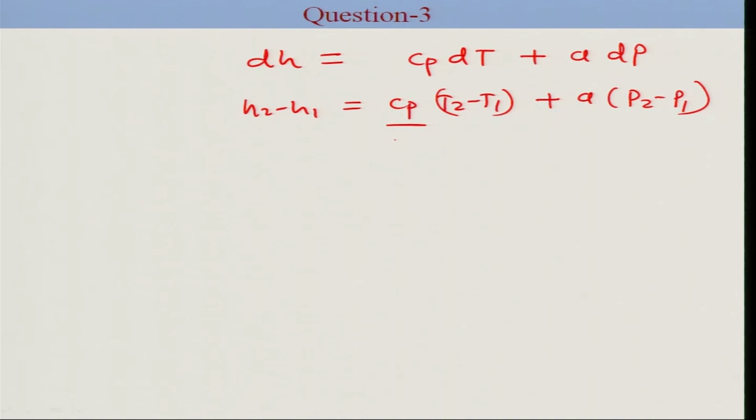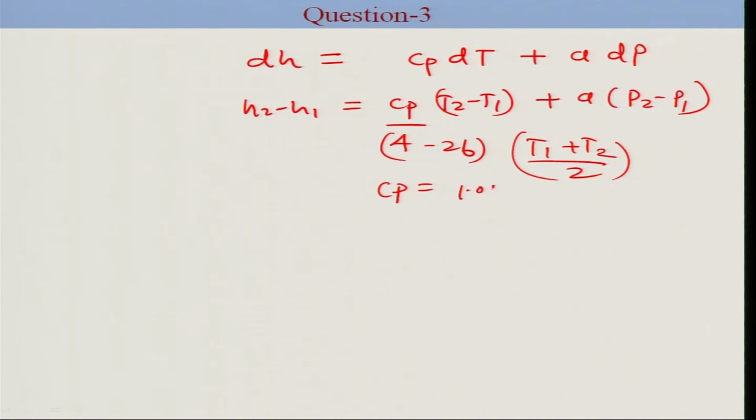Cp can be obtained from the table A to B, and this can be obtained at average temperature (T1 plus T2) by 2. Since temperature is changing, it is not constant. So, corresponding Cp is equal to 1.018 kilojoule per kg Kelvin.